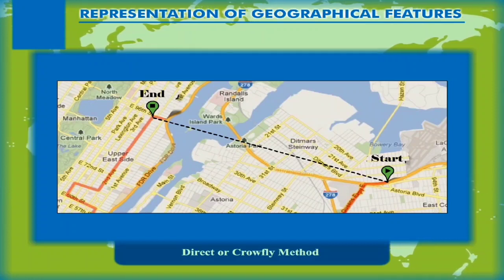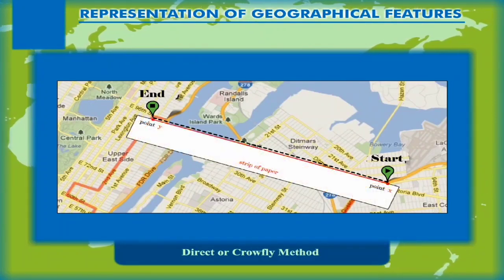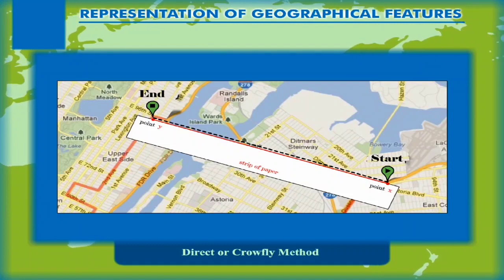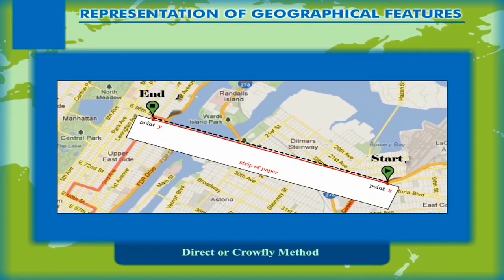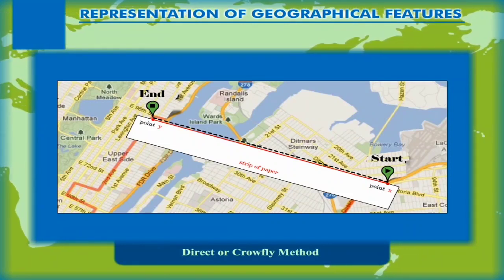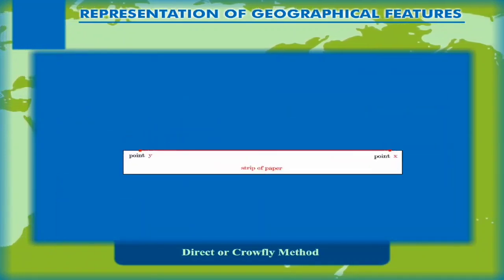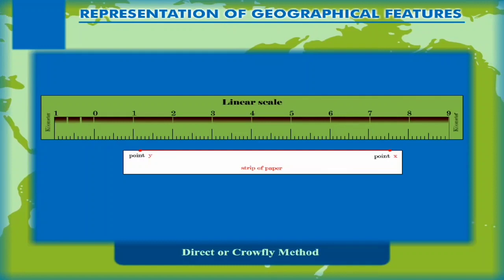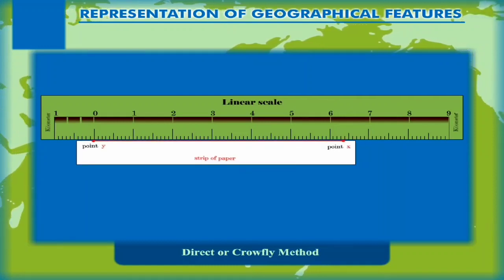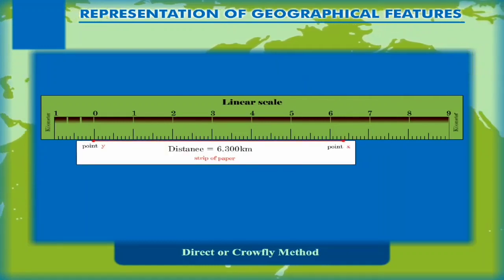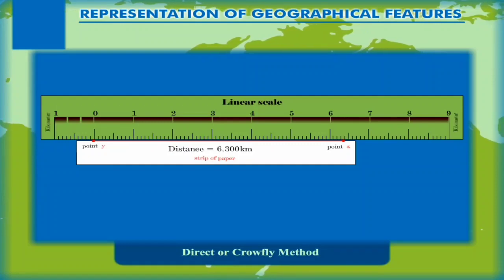Distance is measured by placing a strip of paper, a foot ruler, or a pair of dividers on the two needed points. Then the distance is measured from the linear scale. This is the distance in a straight line.